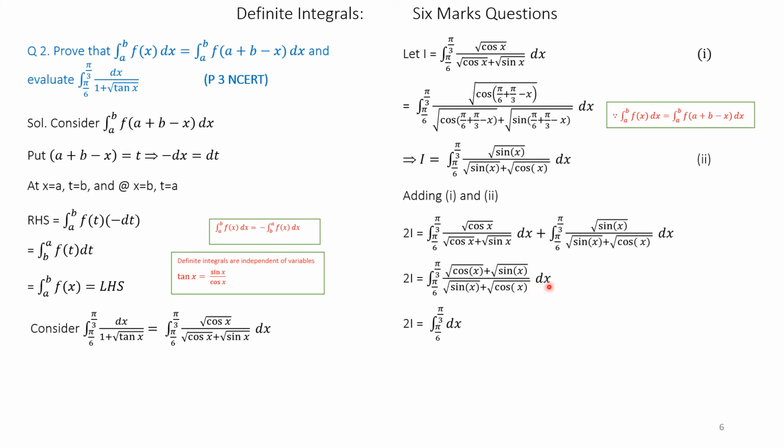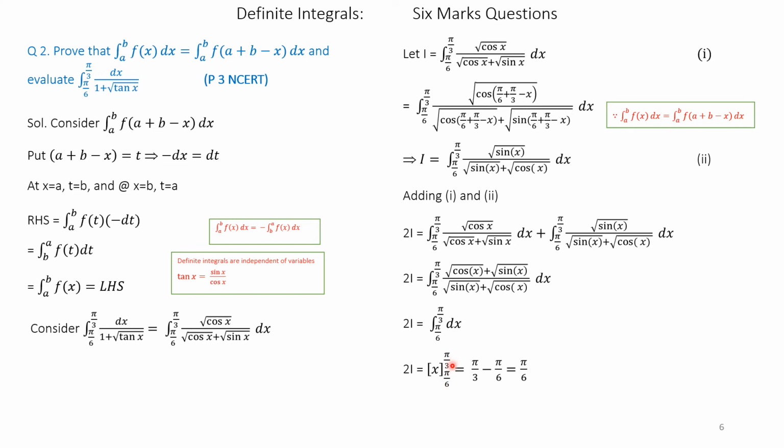We have 2I is equal to the integral from pi by 6 to pi by 3 of dx. Now, the integral of dx is x. Therefore, 2I is equal to, within brackets, x with lower limit pi by 6 and upper limit pi by 3.